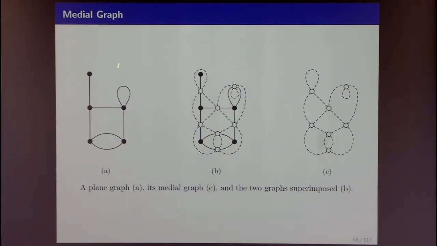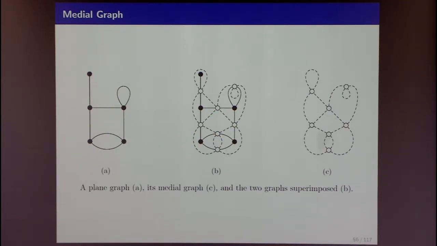Now let me introduce what is called a medial graph. So here's a graph, a planar graph, and you take every edge and you connect two edges if they are incident, next to each other to a particular region, to a particular face. Okay, so is it clear what I'm doing? So for example, this I will connect to here, connect to here, connect to here, connect back.